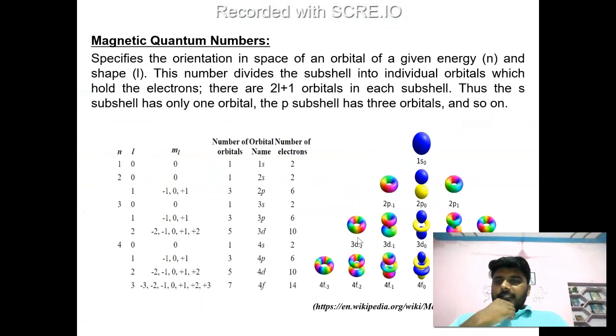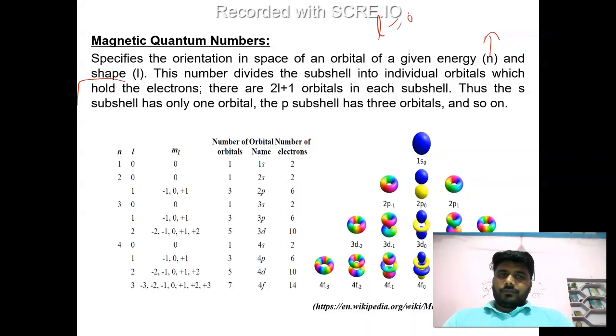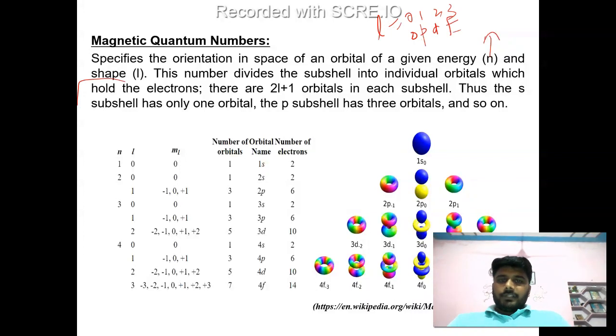It basically specifies the orientation in space of an orbital of a given energy. The principal quantum number gives the energy, and L tells about the shape. You already know L equal to 0, 1, 2, 3 corresponds to S, P, D, and F orbitals. This number divides the subshell into individual orbitals, which hold the electrons.